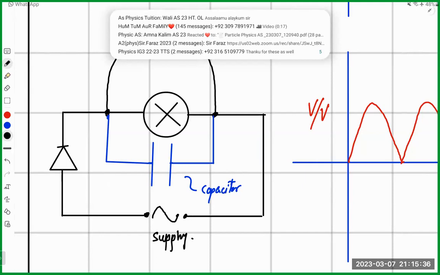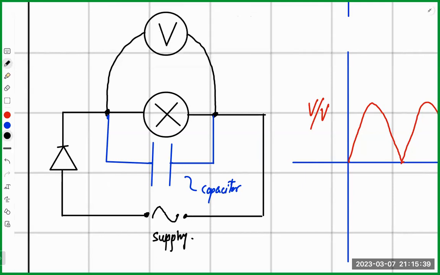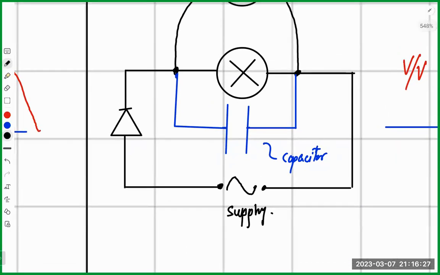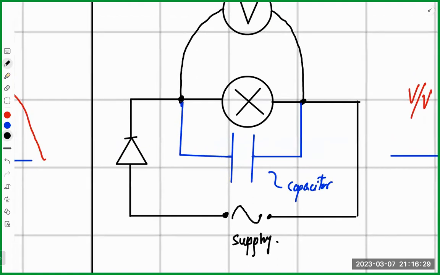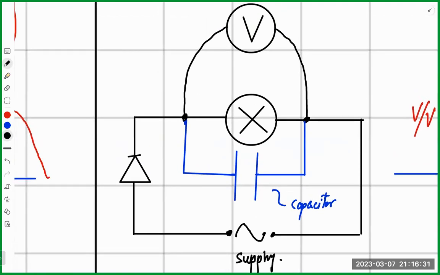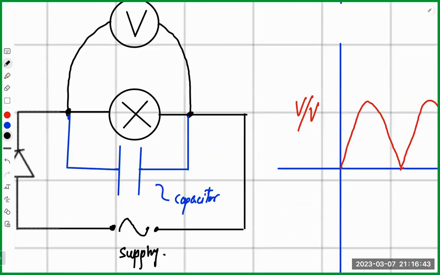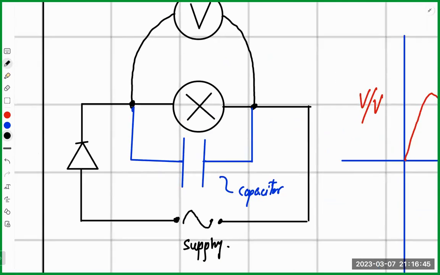So when the diode is forward biased, the capacitor gets charged as well as there is current passing through the lamp, and the voltmeter is reading an electric potential. When the diode becomes reverse biased and the supply changes its direction of current because it is alternating current, the diode will stop the current.